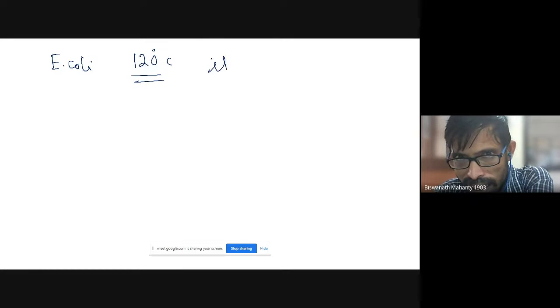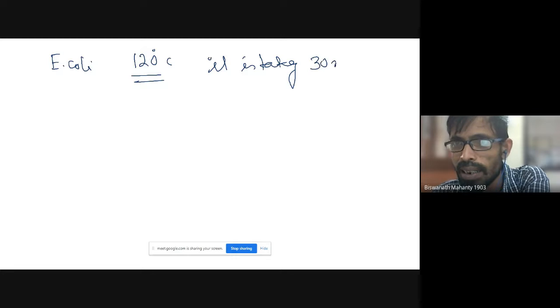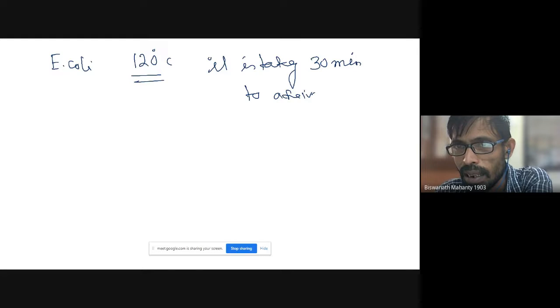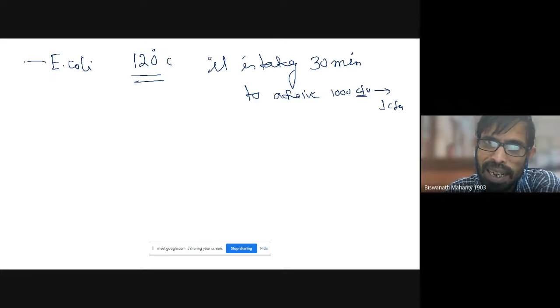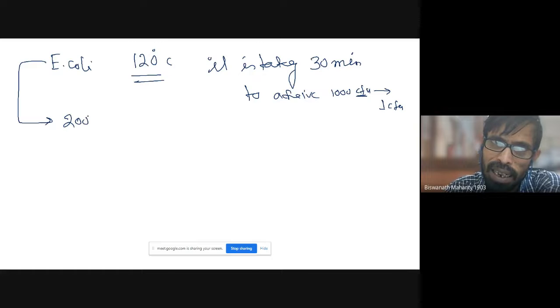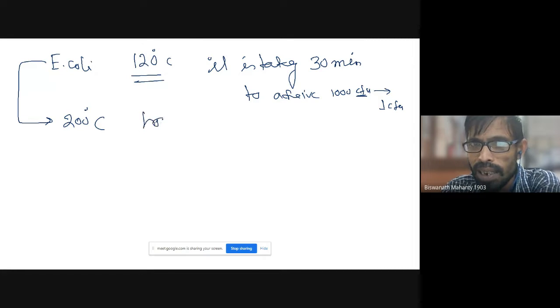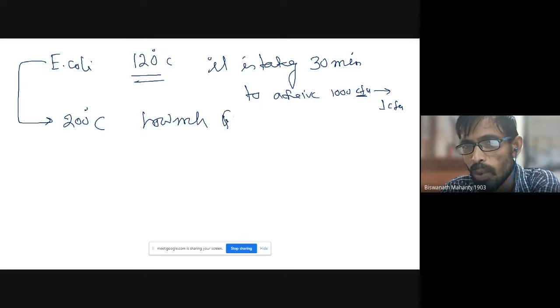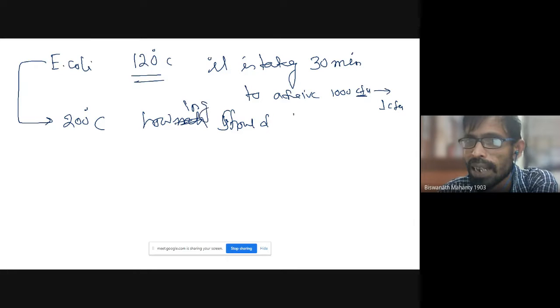And it is taking 30 minutes to achieve from 1000 CFU, colony forming units of microbial biomass, to 1 or 0.1 CFU, whatever. Now I'm asking, if I do the sterilization at 200 degrees centigrade, how long should I sterilize?